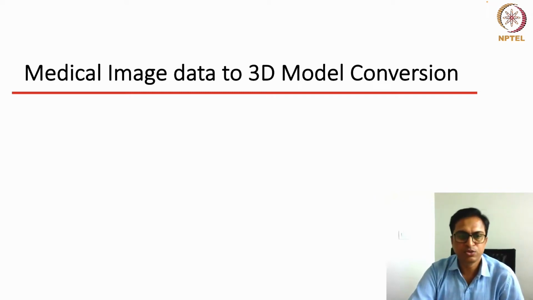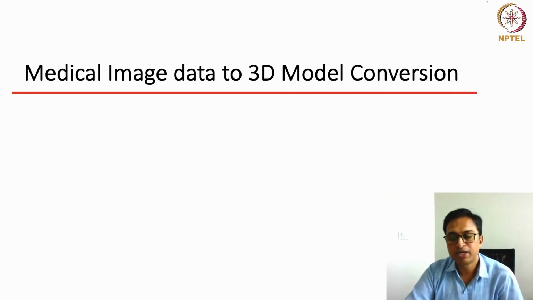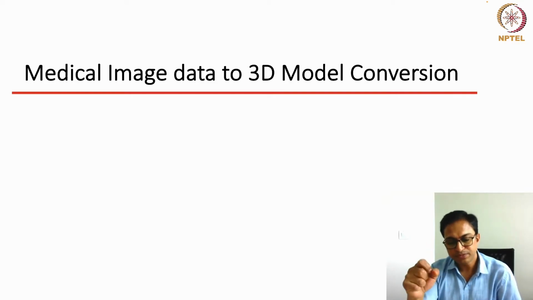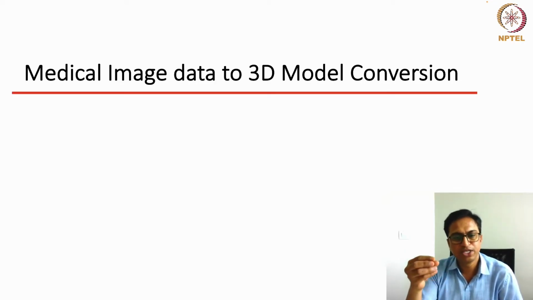In this particular lecture, we'll discuss how medical image data can be converted to a printable file for bioprinting. As we have already discussed, if we have an STL file, then that STL file can be used for bioprinting. The printable file form is mostly the STL format, stereolithography.